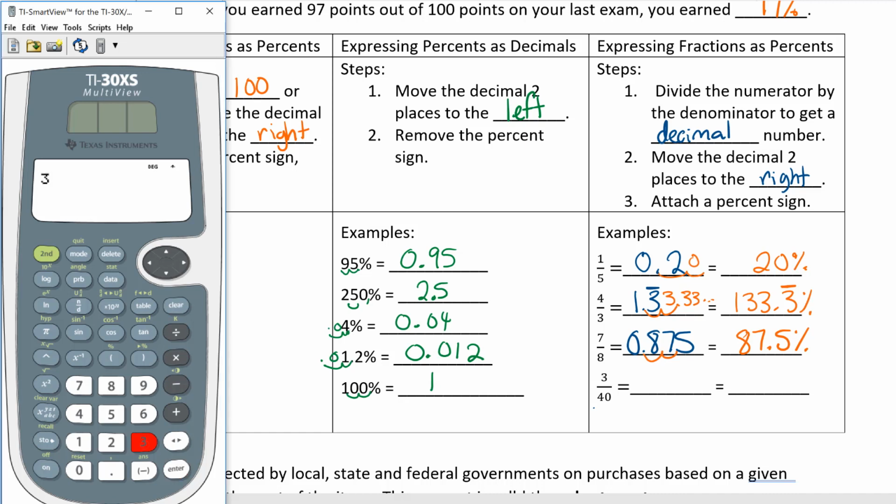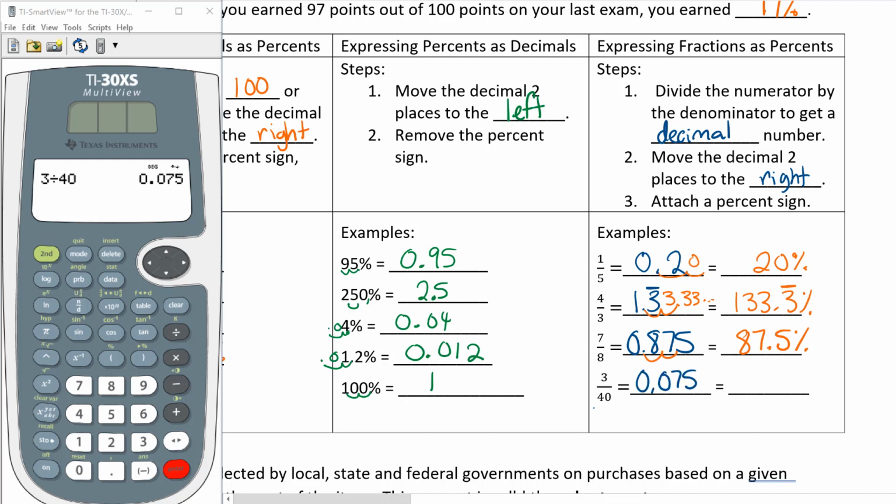And our last example is 3/40, 3 divided by 40 in my calculator. And in a decimal equivalent, I'm getting 0.075. To get a percent, I'm going to take that decimal, move it over 2 places. That gets me 7.5, add a percent sign.